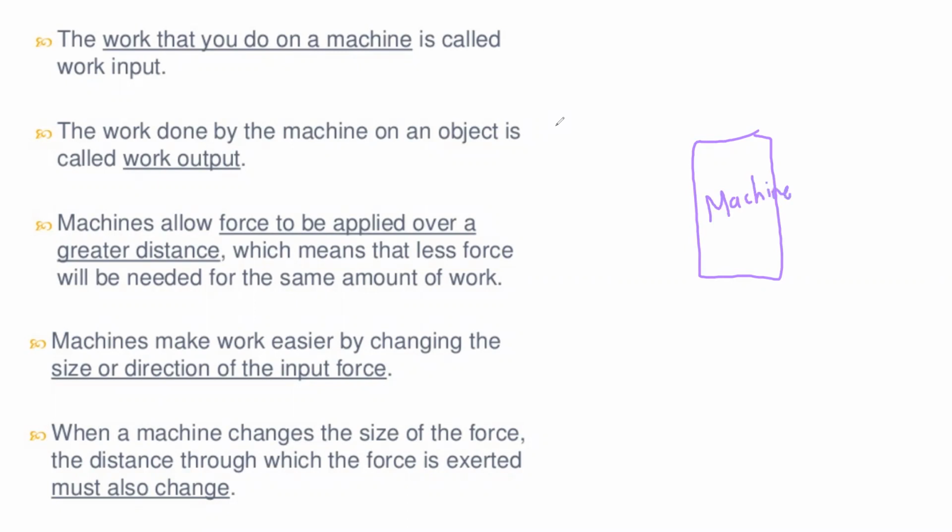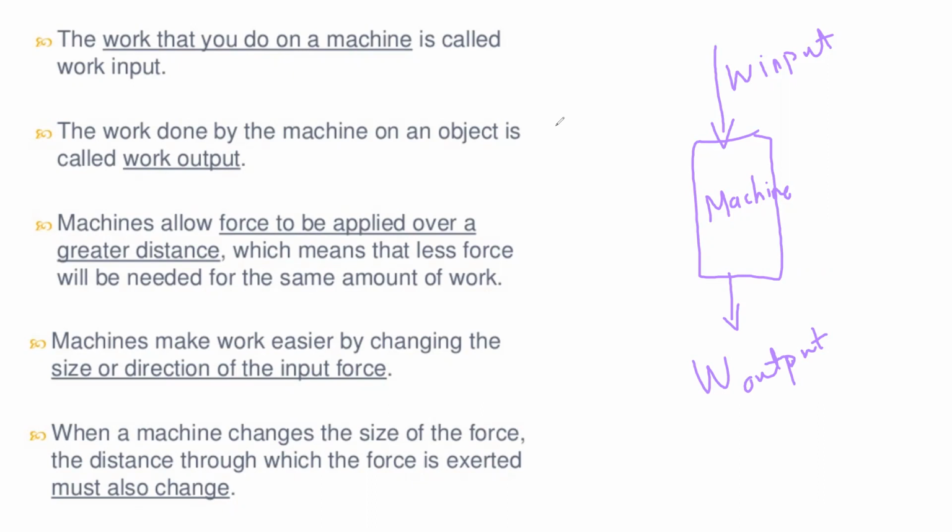For any machine, we have something we call work input and something we call work output. The work that you apply on a machine is the work input, and the work done by the machine is the work output.